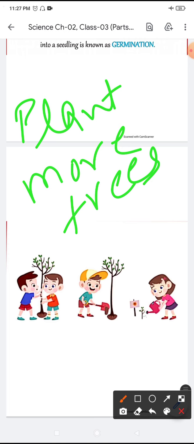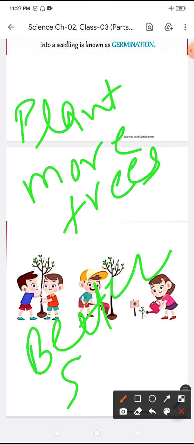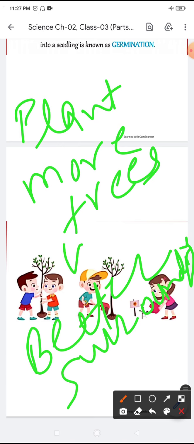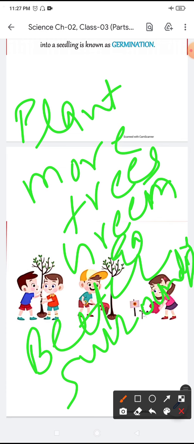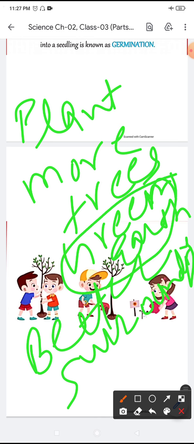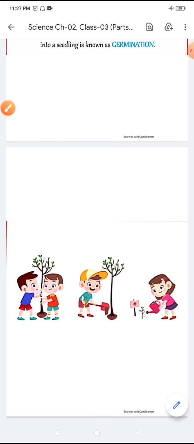And encourage others also to do so for a better surrounding, and for a green earth. For a green earth, we should plant more and more trees.